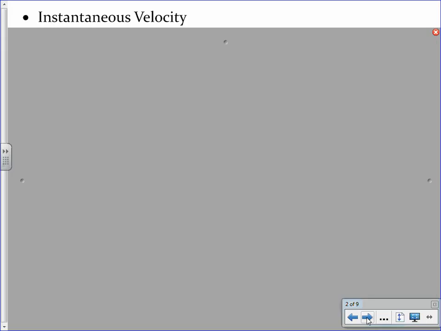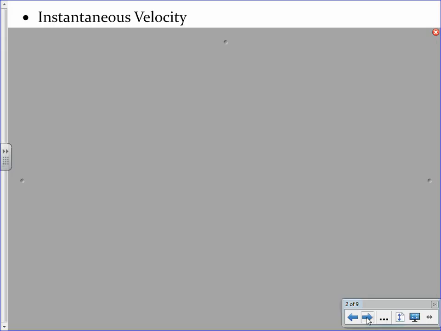Instantaneous velocity. Okay. With your neighbors, please define velocity for me. Magnitude of speed in the direction of time and rate.